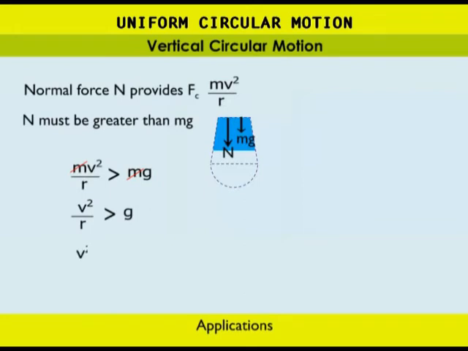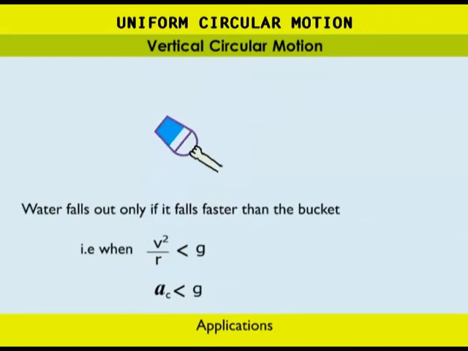Therefore, v squared is greater than rg, and v is greater than the square root of rg. The water falls out of the bucket only if it falls faster than the bucket. As long as the bucket is swung at a high enough speed, this will not happen.